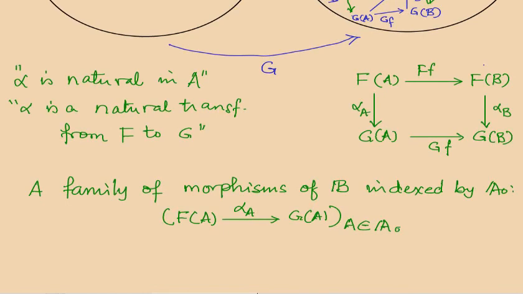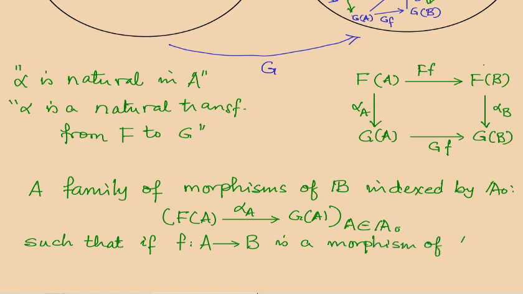A family of such alpha's such that whenever f is a morphism of A, then Gf composed with alpha A is alpha B composed with Ff. That is this diagram.